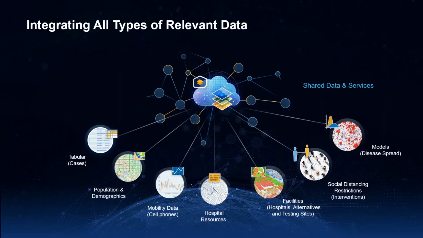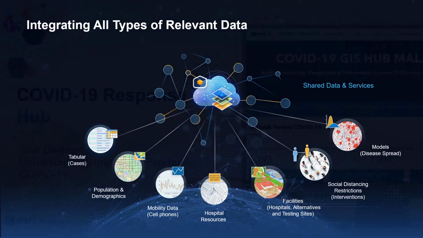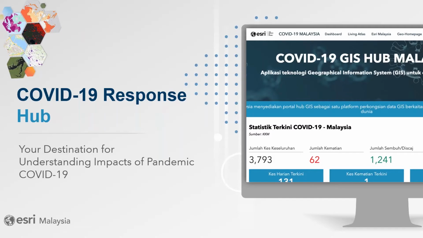Next, I will continue to explain more about the COVID-19 Response Hub, which is a centralized site where you can get maps, datasets, applications, and also information related to COVID-19.